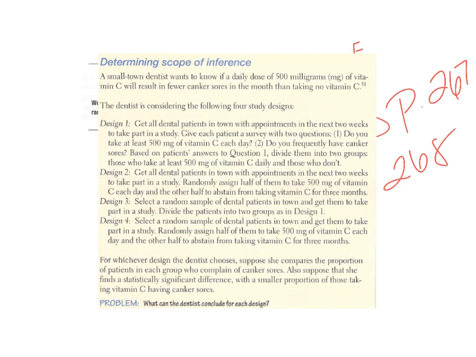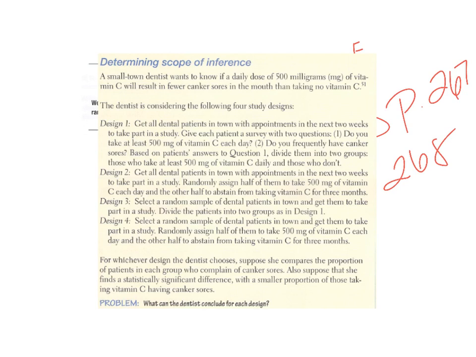Okay, these patients were not randomly selected. He just took all the patients that were coming in the next 2 weeks. So they were not randomly selected, which means he cannot make inferences about his larger population of patients as a whole. This was an observational study. There was no treatment imposed on the patients. He did not say, you will take vitamin C, you will not.